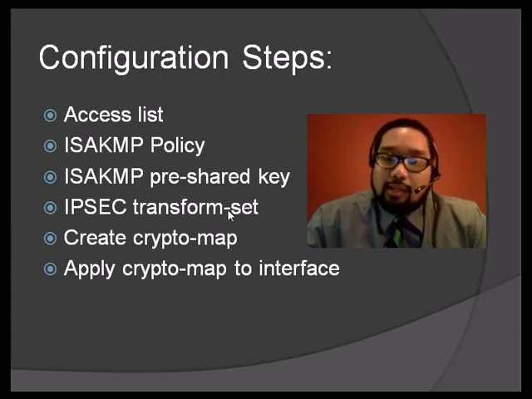Next is the IPsec transform set. Remember, it was the triple DES SHA HMAC encryption, and then we roll all those configurations up into what's called a crypto map. Remember, it's the access list rolled up into that, the transform set also, and the peer. And finally, that crypto map needs to be applied to an interface for it to work and start encrypting some traffic.